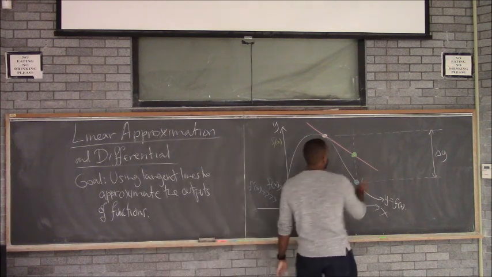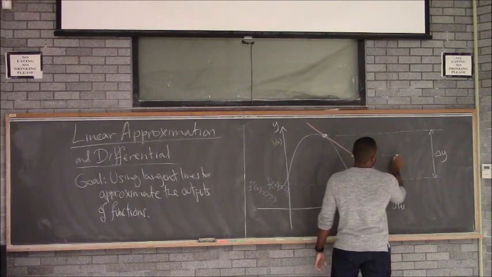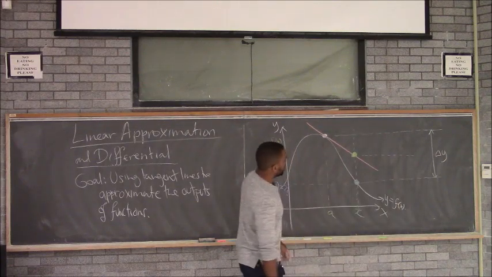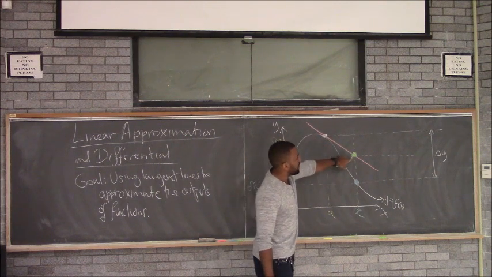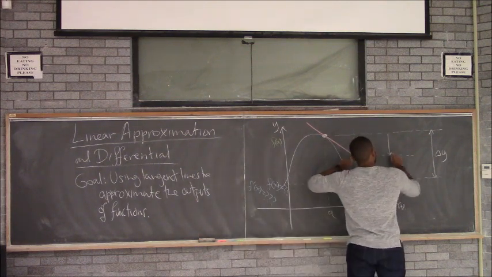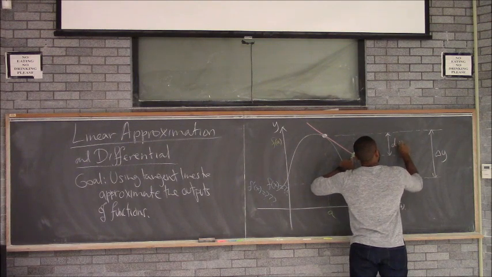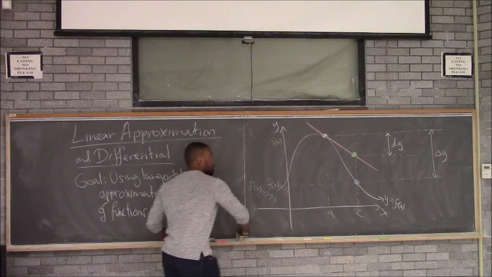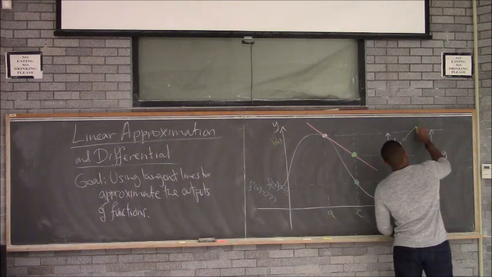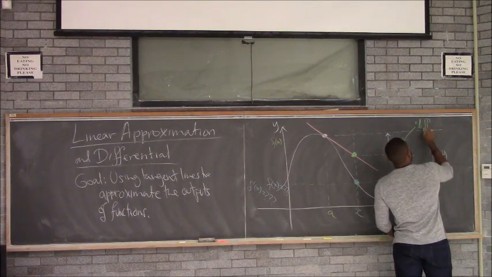Before, let's actually talk about what the difference in that is going to be. Now the difference between the change in the original point and the change in the point on the tangent line, we call that dy. This is what's called the differential. This is called the differential of y.